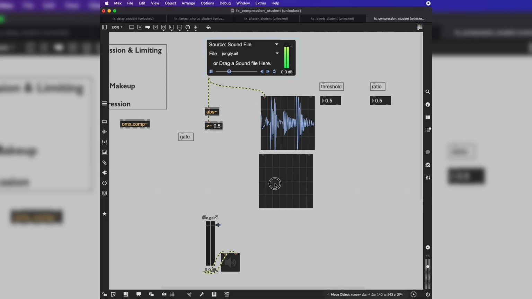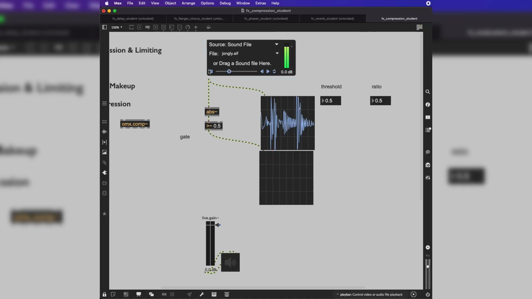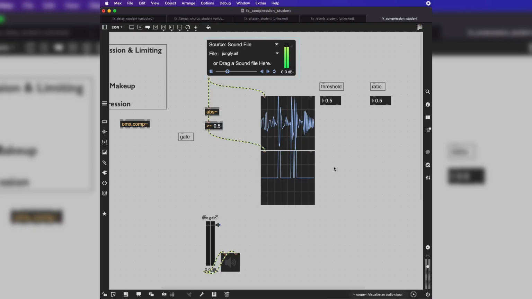If I create another scope tilde here and connect this and play the sound, you will see that every time this sound signal goes over a certain threshold, our logic gate says, okay, now it's time to compress. Compress it here and here. So now we know which parts of the signal to compress.